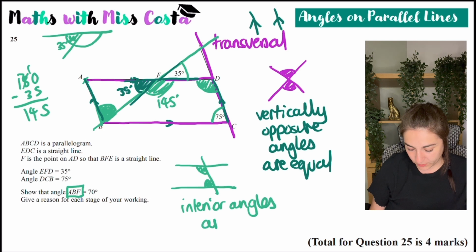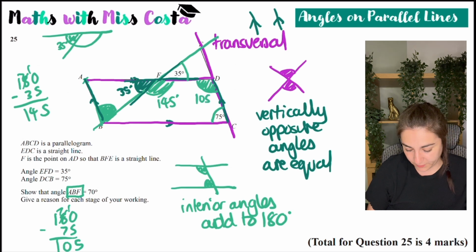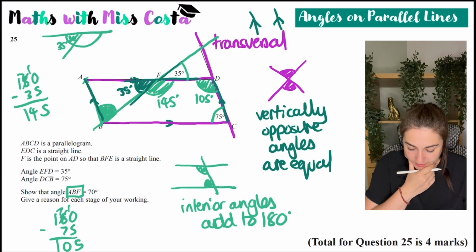And interior angles add to 180 degrees. So I know that 180 take away 75 would be 105. So this angle here would be 105 degrees. So that would be a parallelogram.